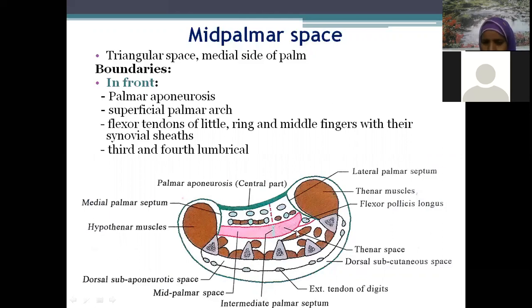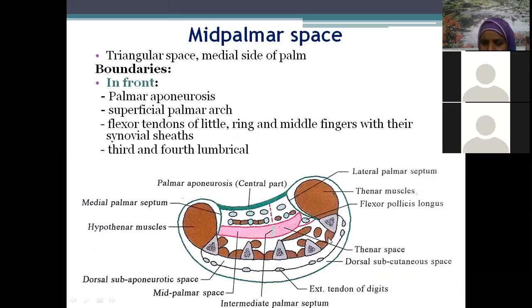Once you cut these muscles, below them, what are these muscles between the metacarpals? Dorsal interossei. Very good.